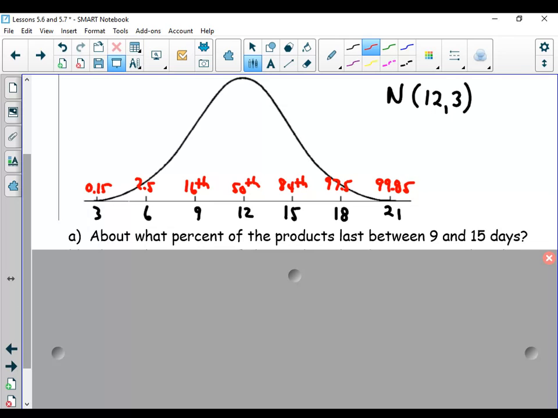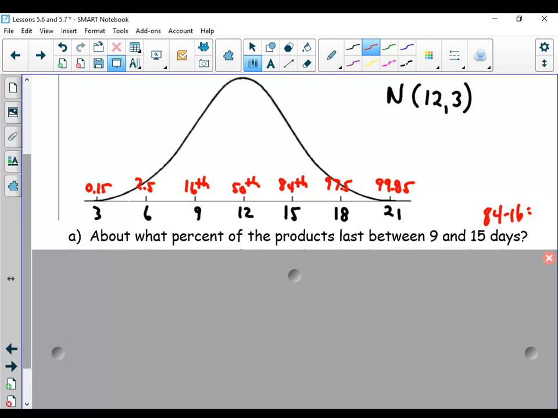Here's why those percentile markings are important, because both of these are on those benchmarks. I know the 9 days is at the 16th percentile. I know the 15 is at the 84th percentile. So in between those two should be the difference between 84 and 16. If I subtract 84 and 16, that would tell me what percent I have.